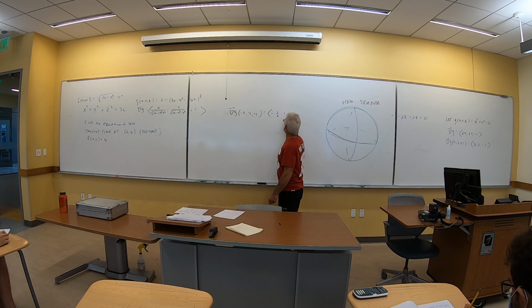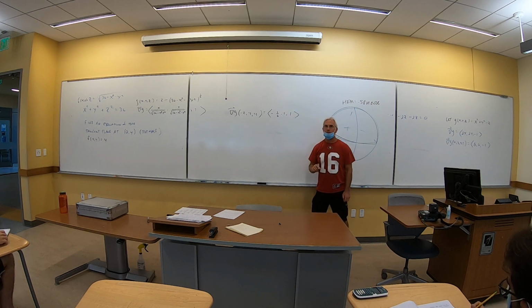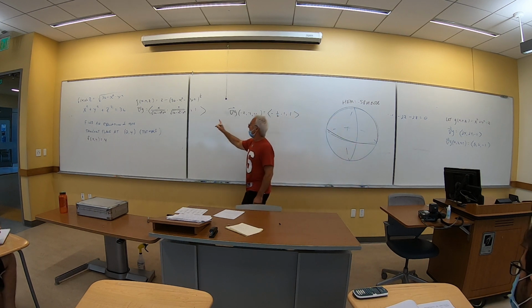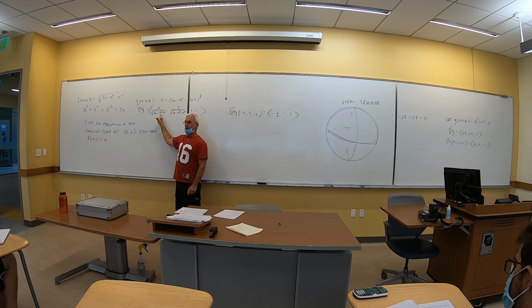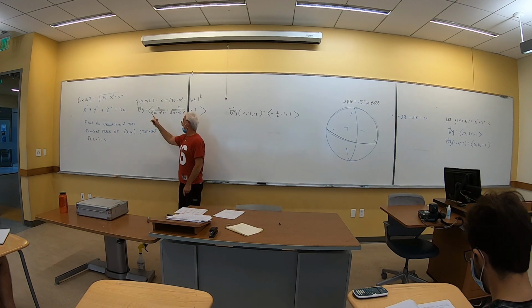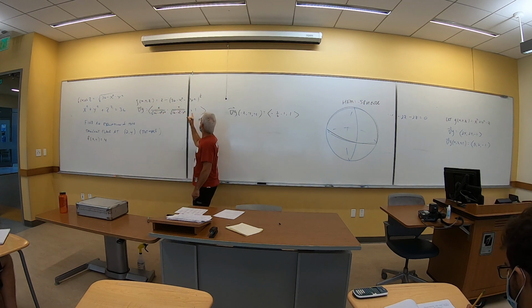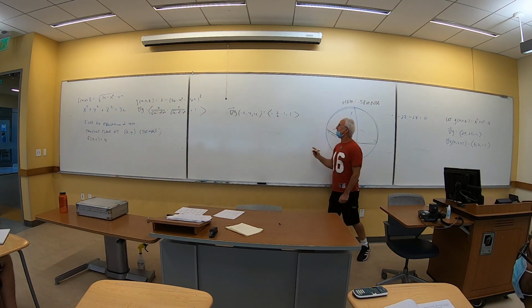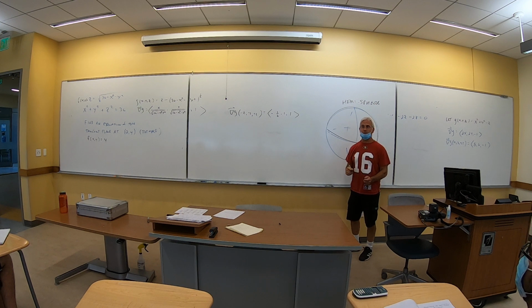Negative 1/2, 1, 1. Does everybody agree with that? I think that's right. Because when I replace the x and y with negative 2, 4, you already know you're going to get 4, because you just did that a moment ago. So you're going to get negative 2 over 4, 4 over 4, 1. Okay? Not the worst thing ever.